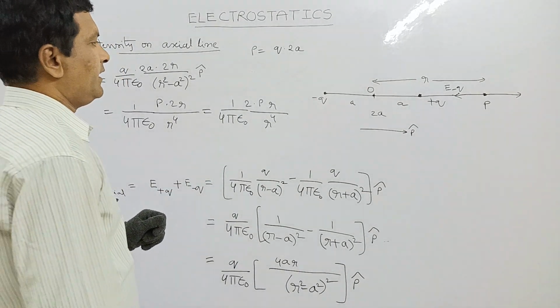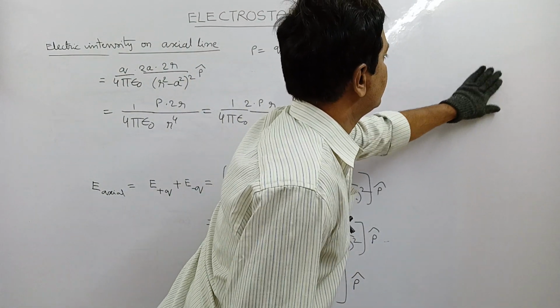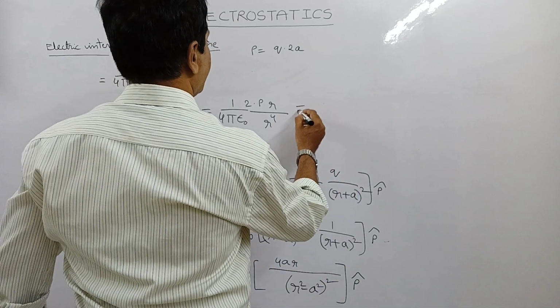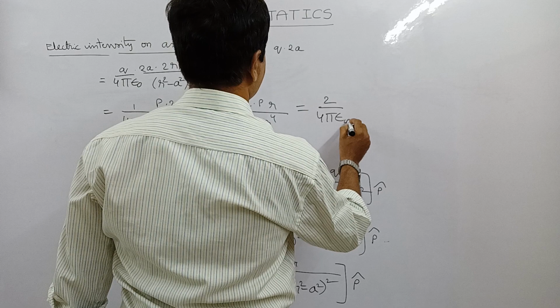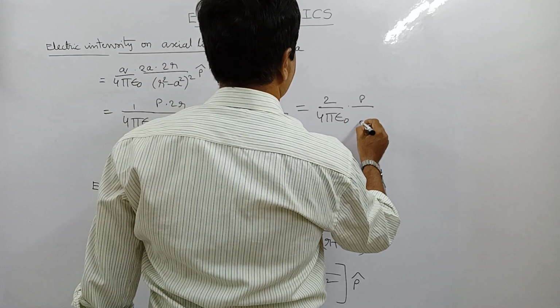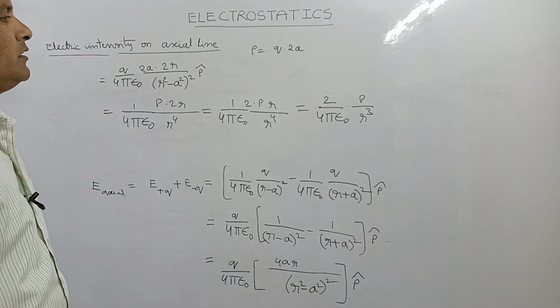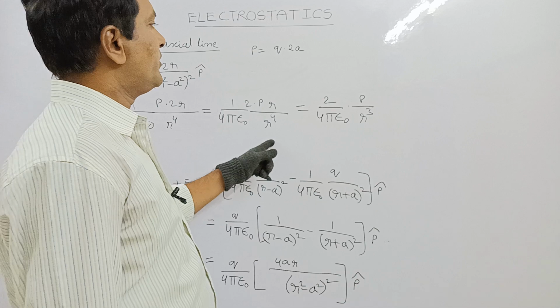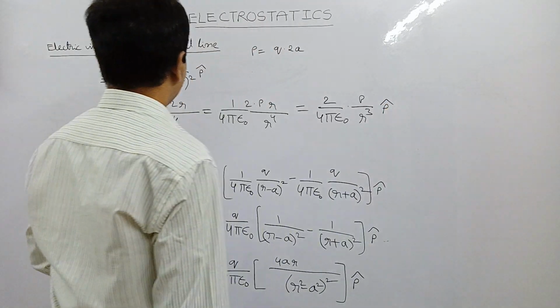That can be written as 2 by 4 pi epsilon naught into p by r cube. So this is finally simplified to this value. The p cap is also here.